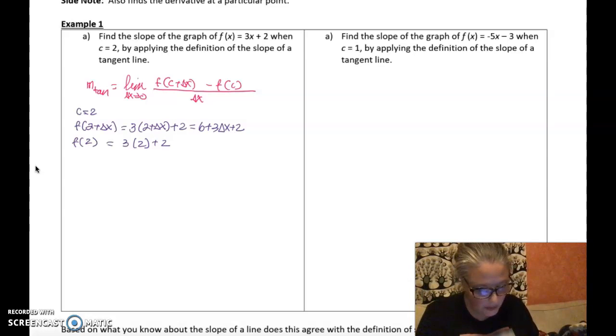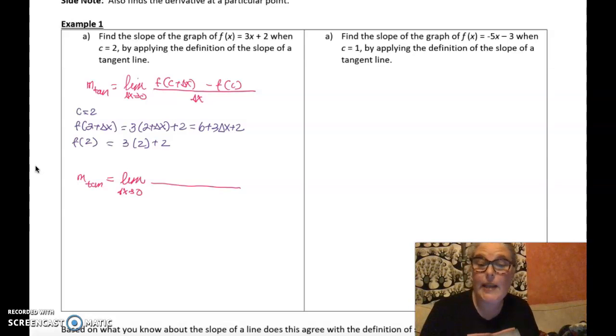There are multiple ways we could do this. I'm going to go back to the slope of the tangent line. We're going to take the limit as delta x approaches 0 of, I could just add and say, okay, 6 plus 2 is 8, so 8 plus 3 delta x.